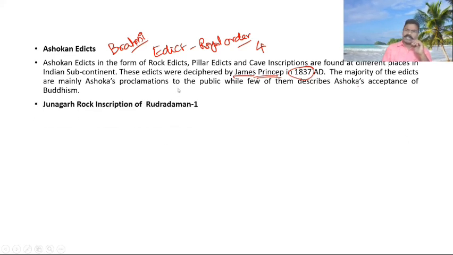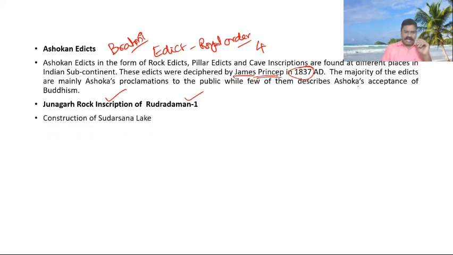Next, another important inscription we have to know about the Mauryan period is the Junagadh rock inscription, which was issued by Rudradaman. Rudradaman's Junagadh rock inscription tells about the construction of Sudarshana Lake.